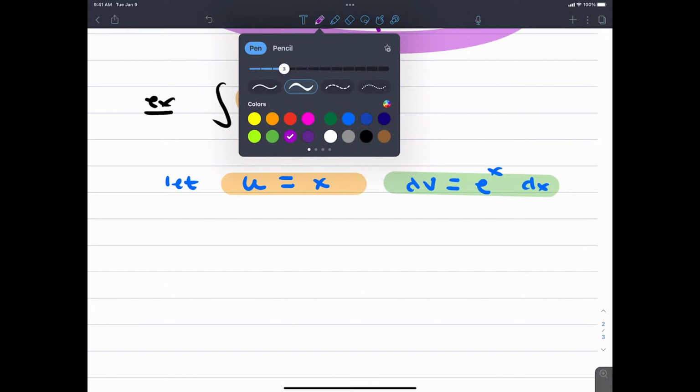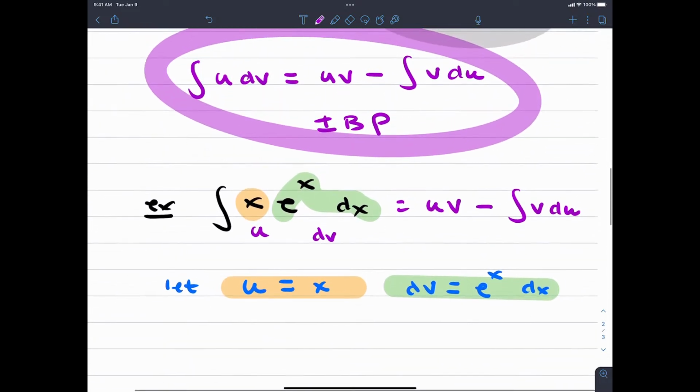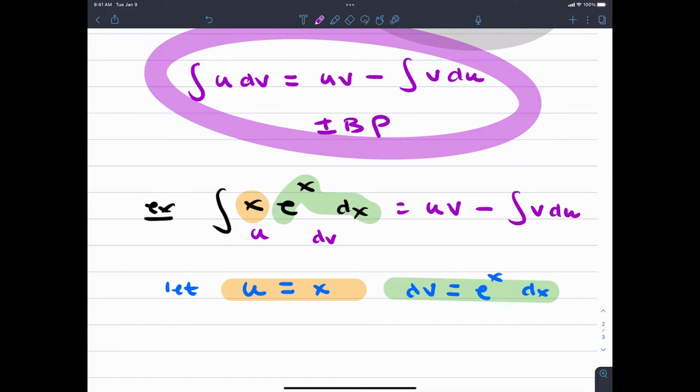I already know what that's supposed to equal. That's supposed to equal, ladies and gentlemen, sing the song: uv minus integral v du. That's what it's supposed to be. Okay? Because you sang the integration by parts song.